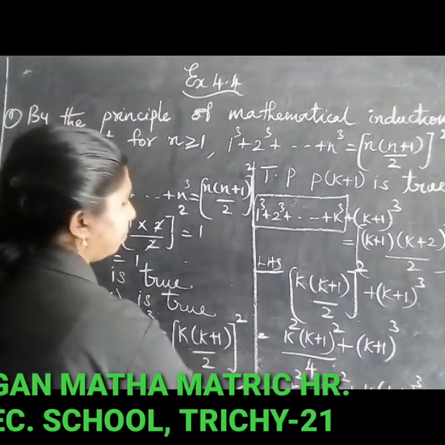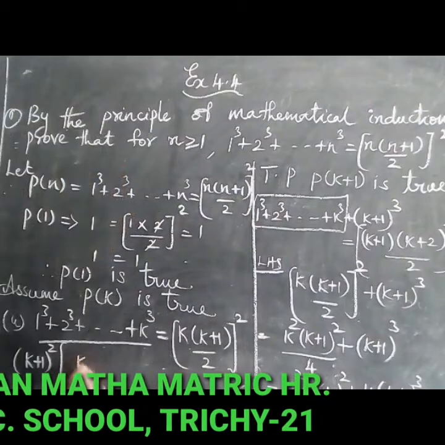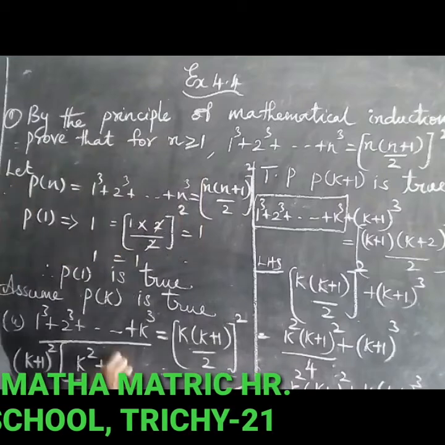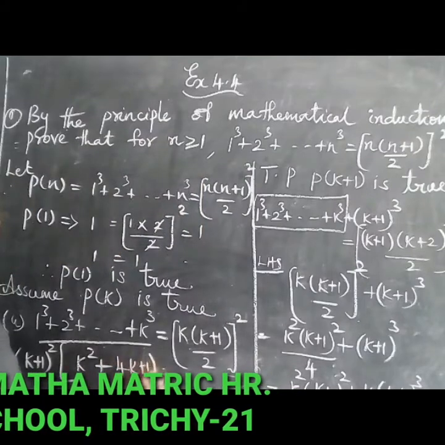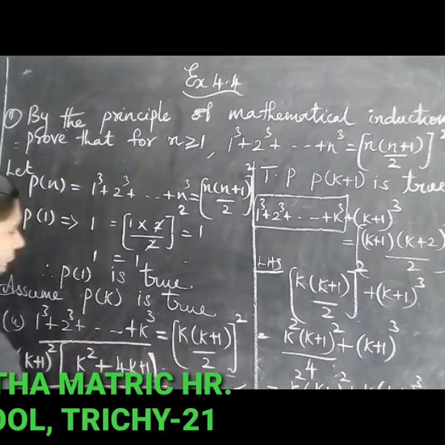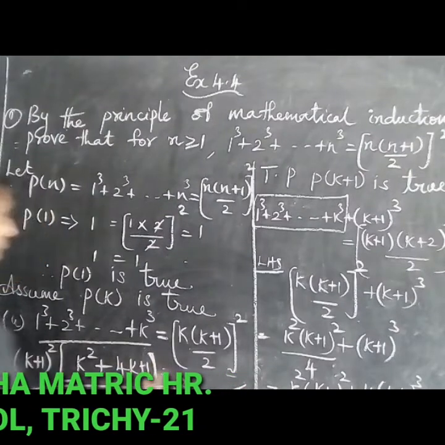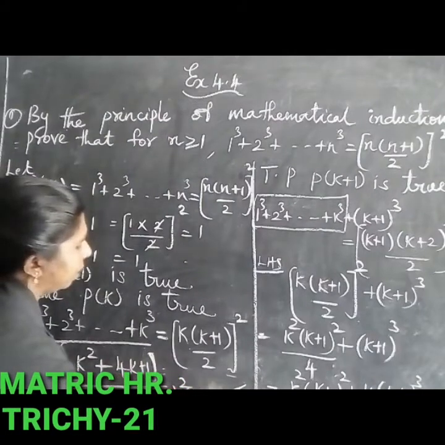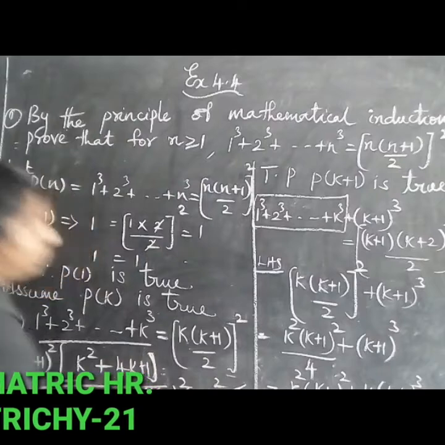Remaining we are having k square plus 4 into (k+1), that is k square plus 4k plus 4, divided by 4. That is (k+1) the whole square, and this is nothing but (k+2) the whole square, divided by 4.